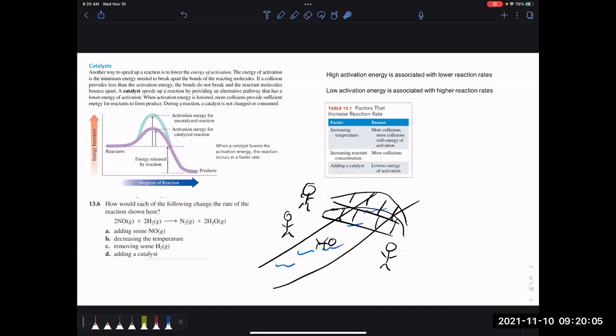Okay, so let's look at this example here, 13.6. How would each of the following change the rate of reaction shown here? We haven't actually talked about this principle exactly. Well, yeah, we did. So if we add some more nitric oxide, is that going to increase the rate of reaction or decrease the rate of reaction?